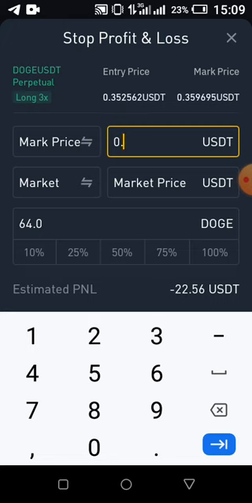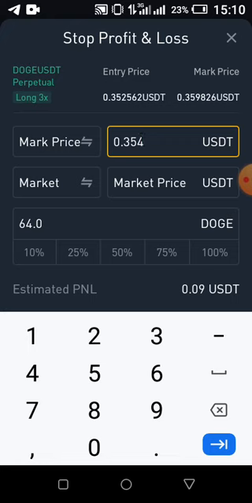So if I decide to put 0.354, you can see that 0.354 is above the entry price but below the current price. So if peradventure the mark price comes down and touches this 0.354, I'll be trailing my loss. In other words, I'll be reducing the profit instead of gaining.